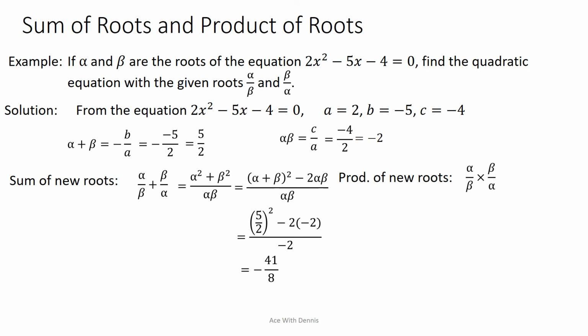The product of new roots, alpha over beta times beta over alpha, is equal to 1. Hence, the new equation is x squared plus 41 over 8 x plus 1 equal to 0, and we can multiply 8 for both sides, which we get 8x squared plus 41x plus 8 equal to 0.